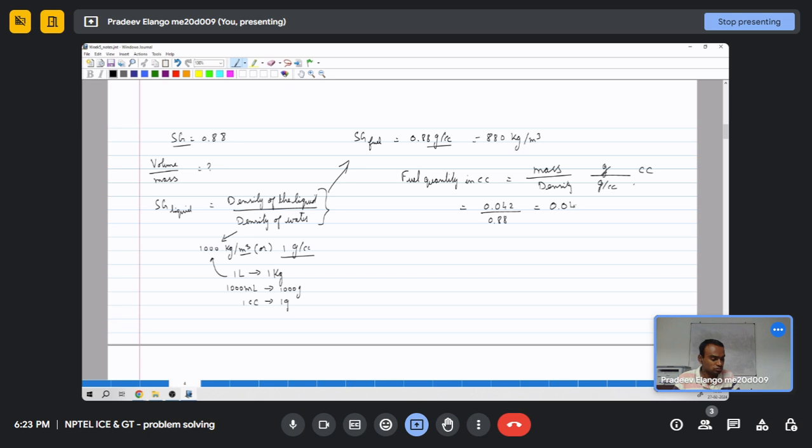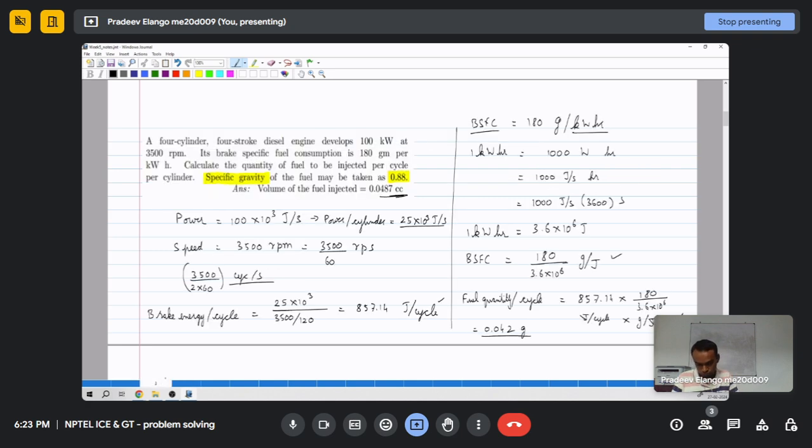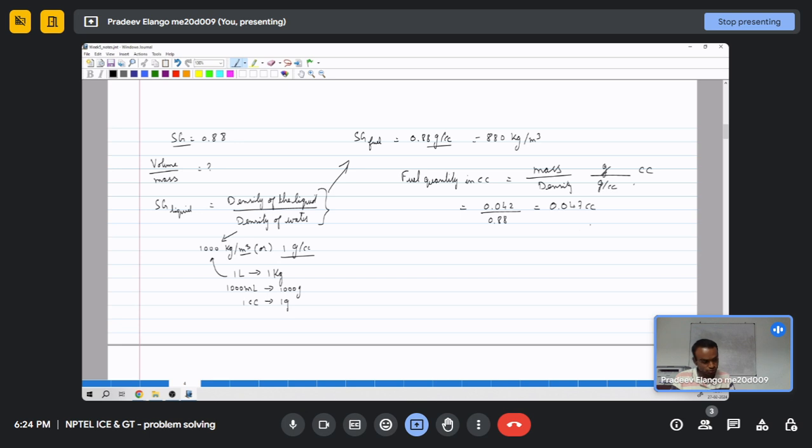So it is 0.487. I think we should have got 0.428 gram here. We missed the 8, so that is okay. So we have got something closer to the answer.